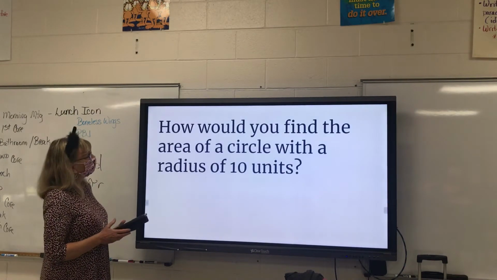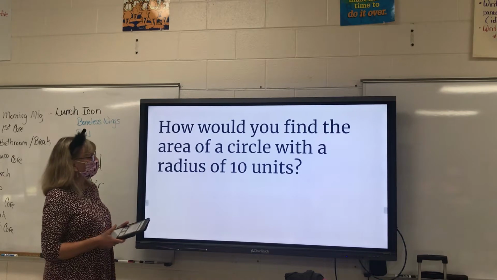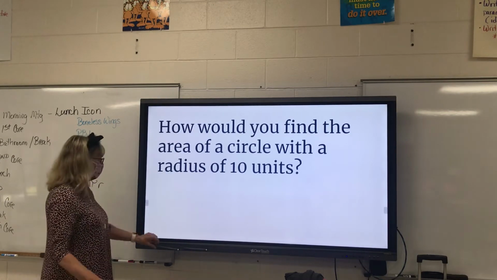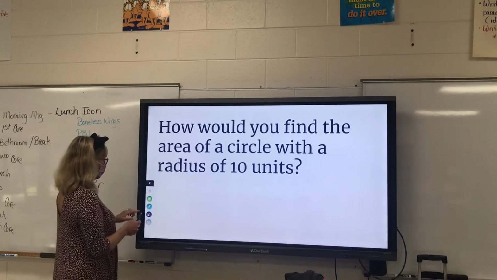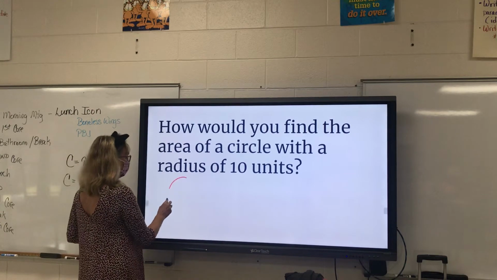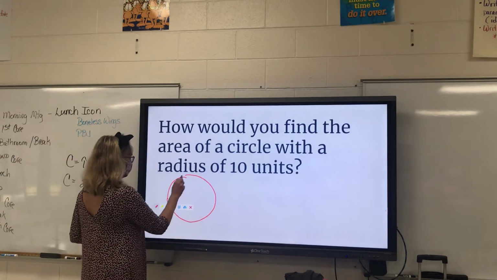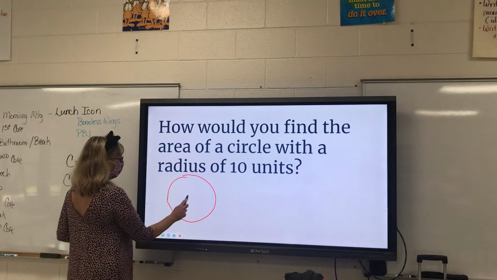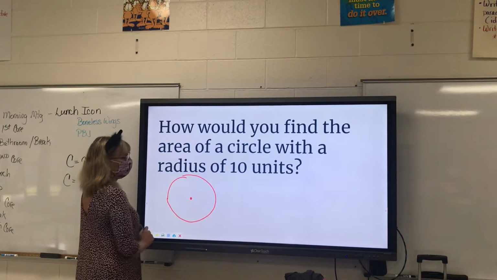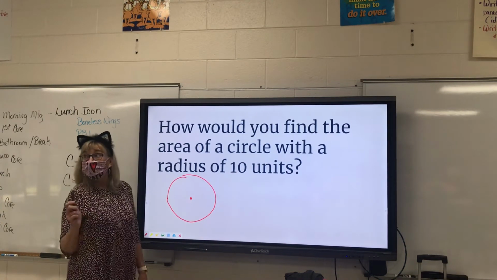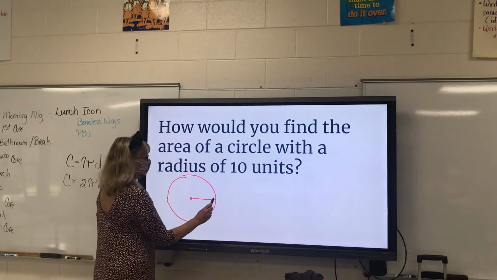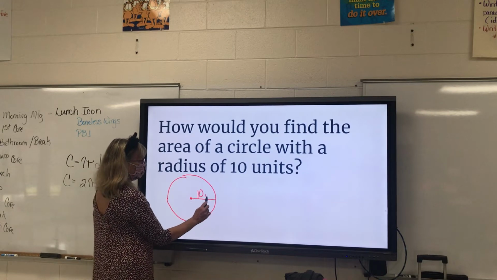So I have a question. How would you find the area of a circle with a radius of 10 units? So we have a circle. Radius goes where? From the middle to the edge. Okay, and it is 10 units.